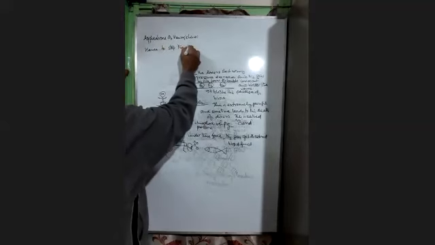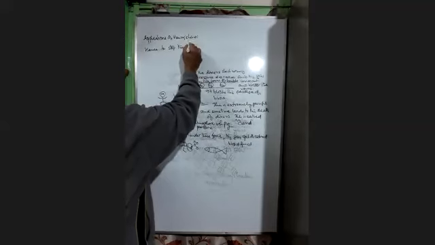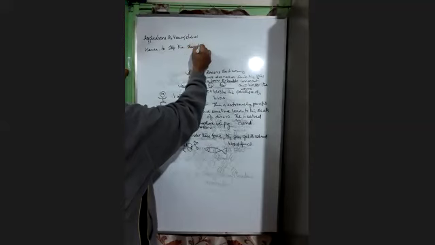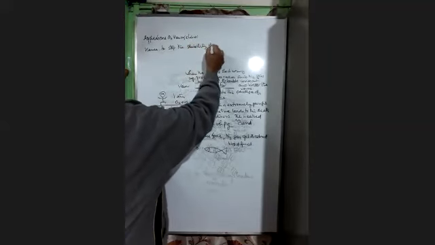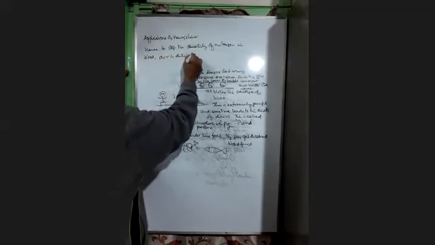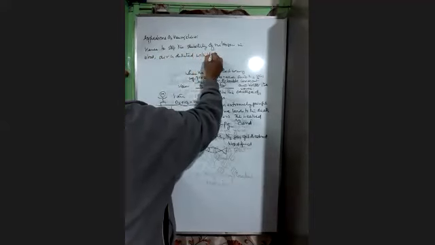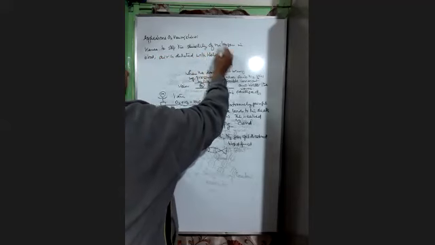Hence, to stop the solubility of nitrogen in blood, air is diluted with helium.